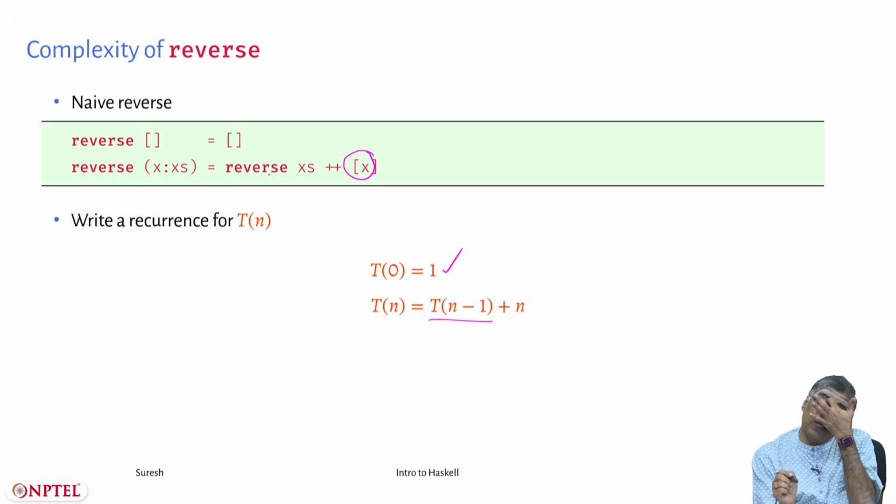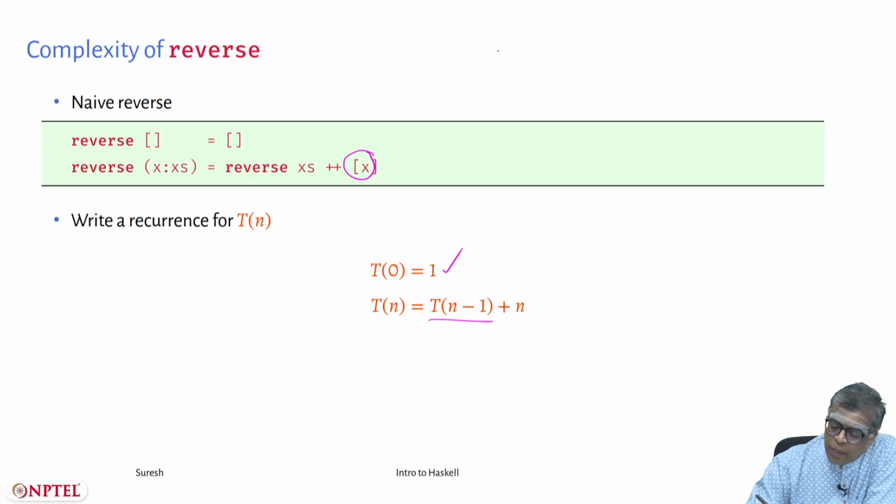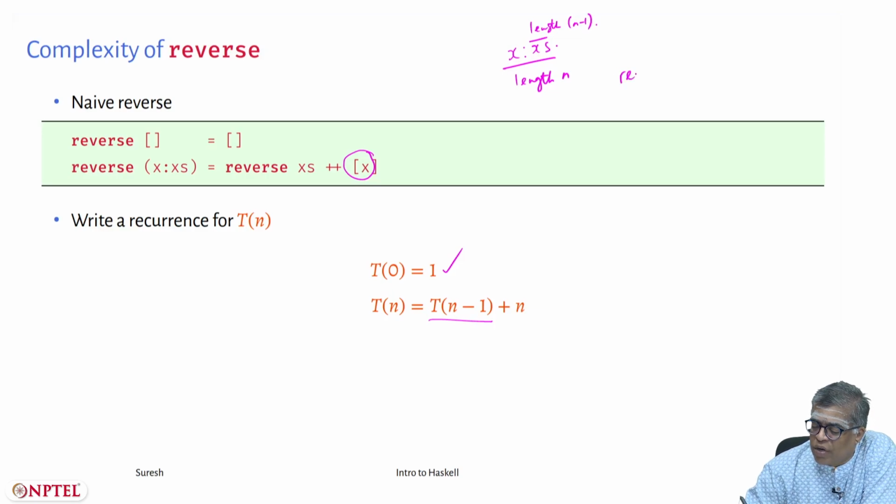In fact, it takes exactly time equal to the length of the first list plus 1, but remember, if I started with x colon xs, if this was of length n, xs is of length n minus 1, and reverse of xs is also of length n minus 1, and if I have to do plus plus of this with the singleton, this will take time, length of this list plus 1.